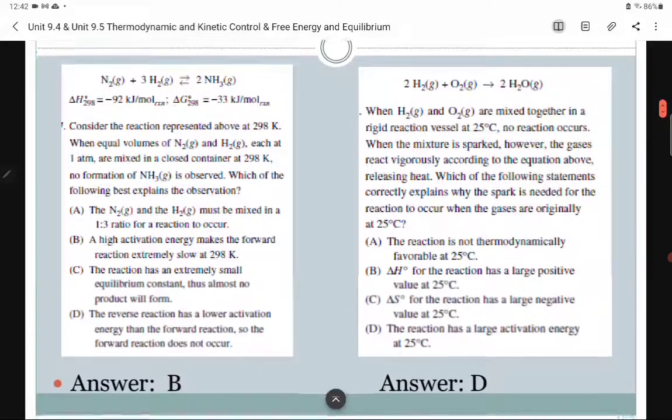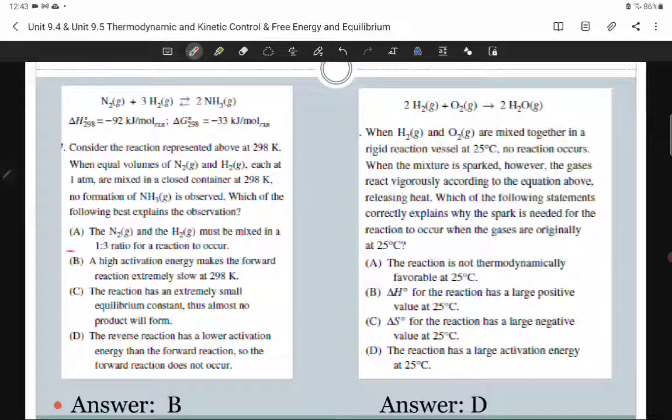So let's review a couple things also. Both these questions deal with the same concept, and like always we have the answers already. We have a chemical reaction, we have a delta H, we have a delta G. My first thought, before I even look at the question, would be that it's going to be about this equation, but it turns out that that's not the case with this one.